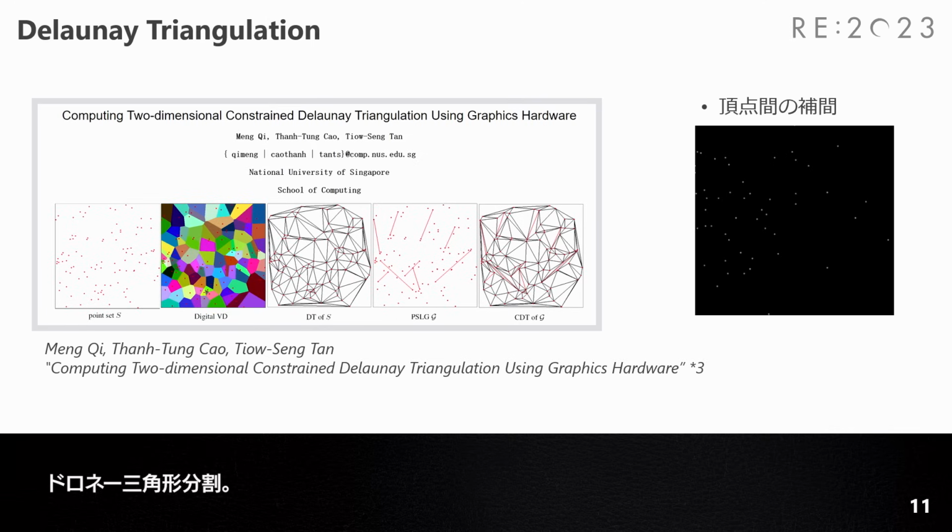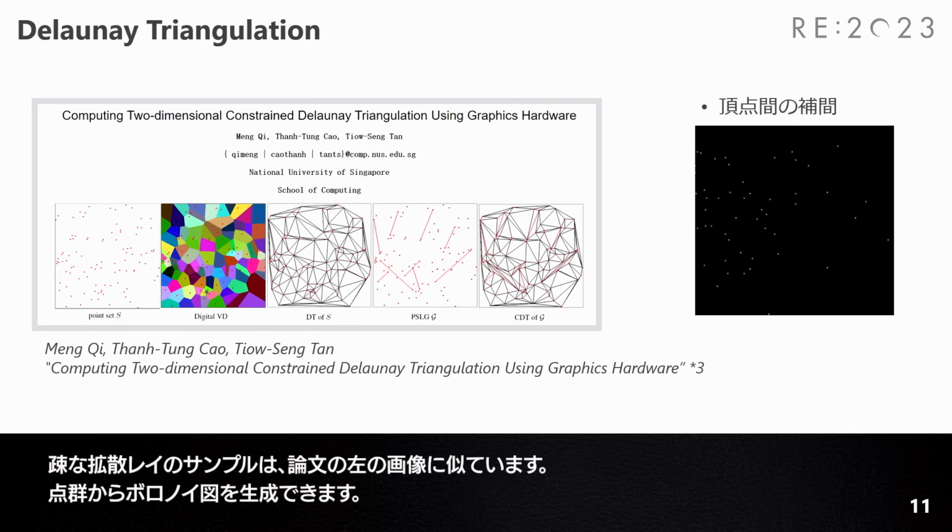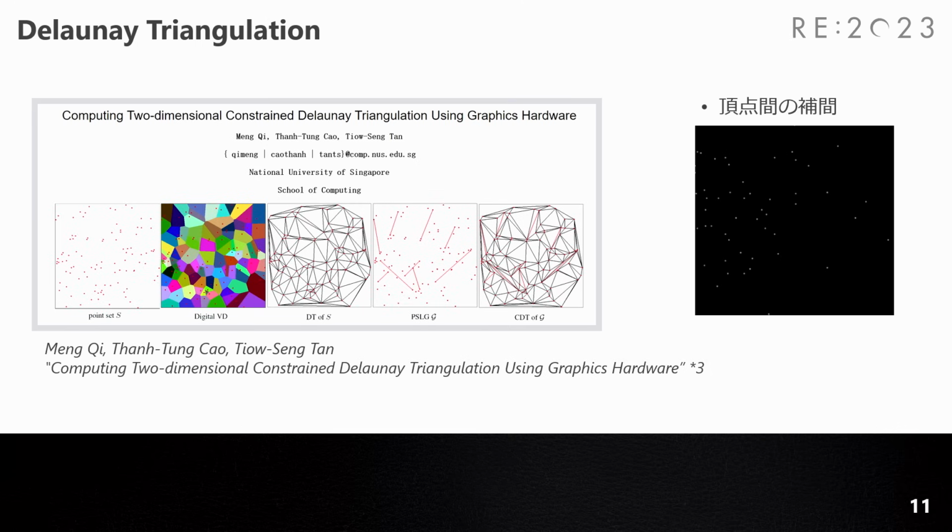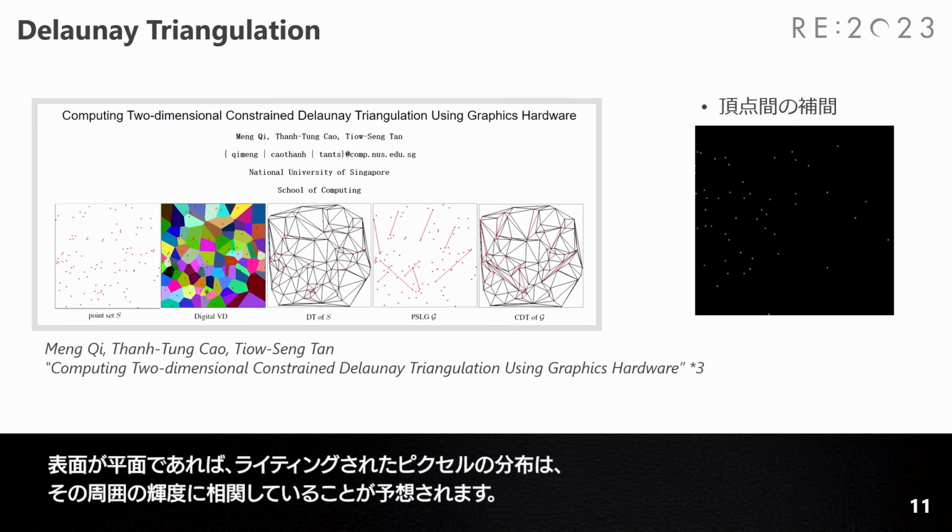The Delaunay triangulation method. Sparse diffuse ray samples are similar to the left image from the paper. A Voronoi diagram can be generated from point clouds. If the surface is a plane, we can expect that the lighted pixel distribution is correlated to its surrounding luminance.